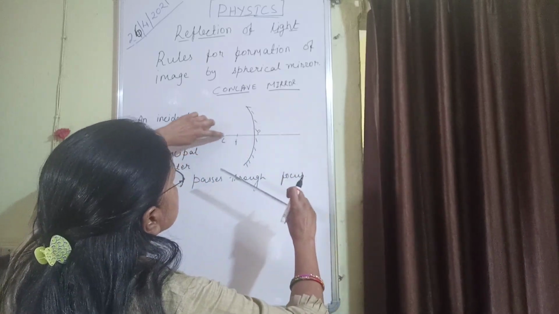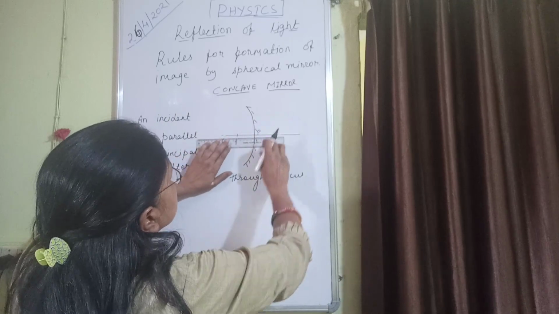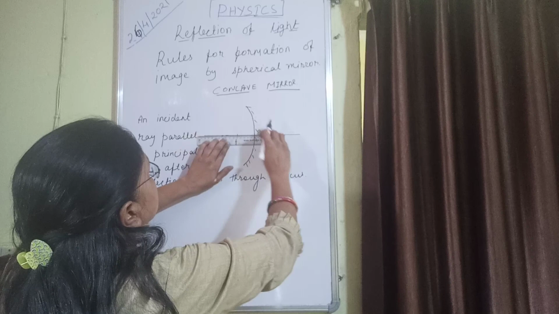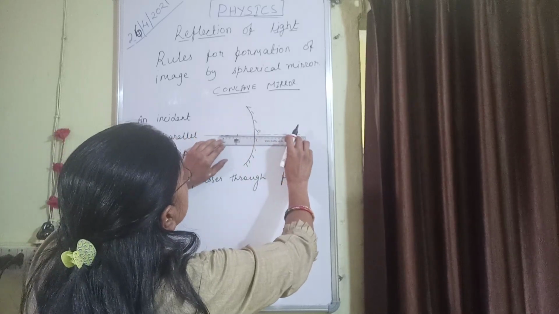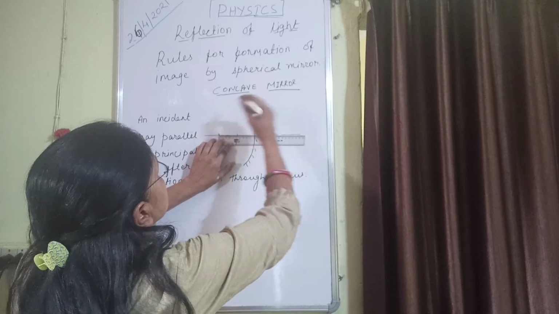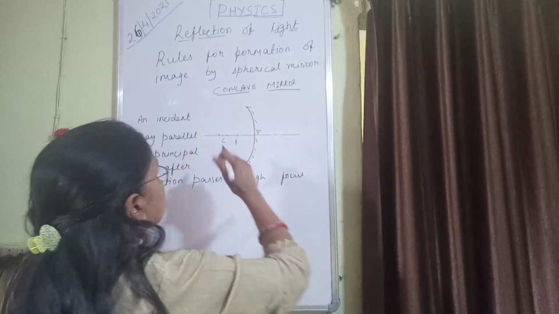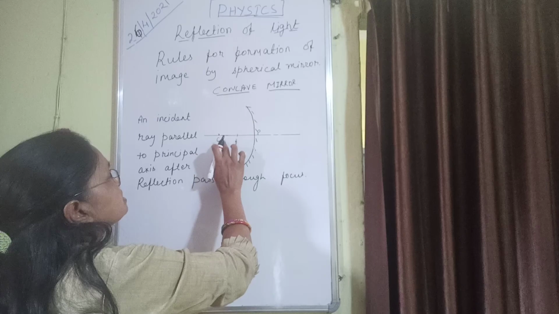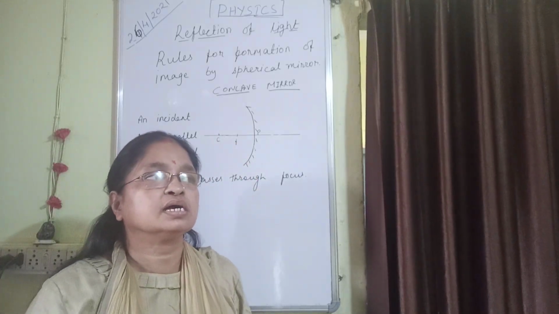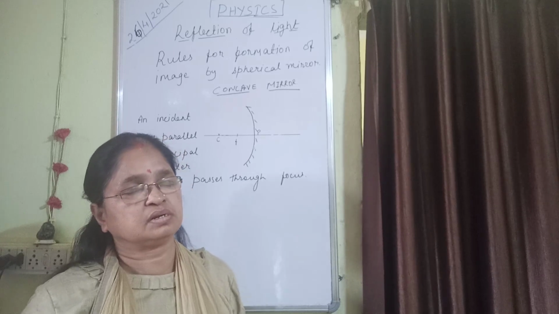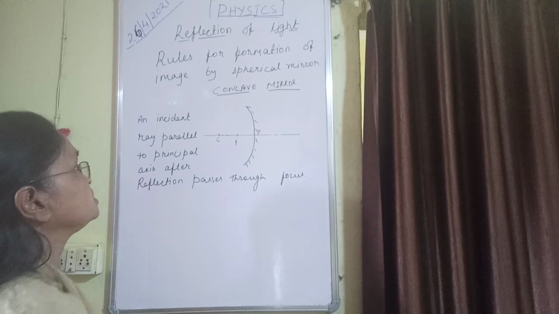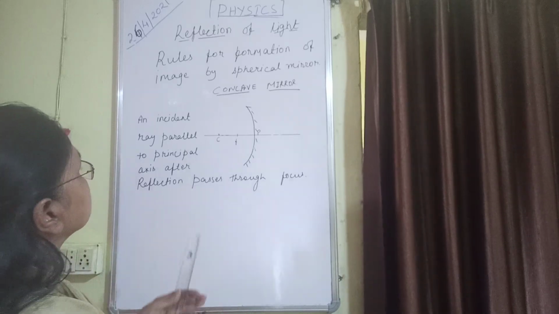So from focus to center of curvature it should also be 5 centimeter. तो हम यहाँ से 5 centimeter ले लेंगे, and here it will be your center of curvature. If you take the same distance, तो कहीं भी आपका कोई भी रे डायग्राम गलत नहीं होगा. और अगर ये चीज़ छूट गया तो it may be possible we get a different ray diagram.